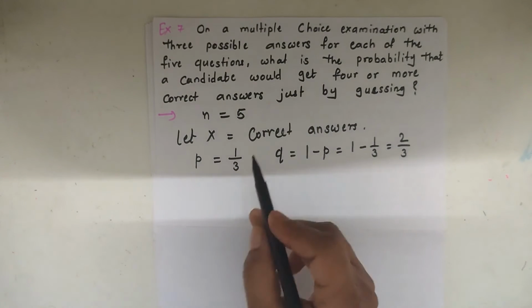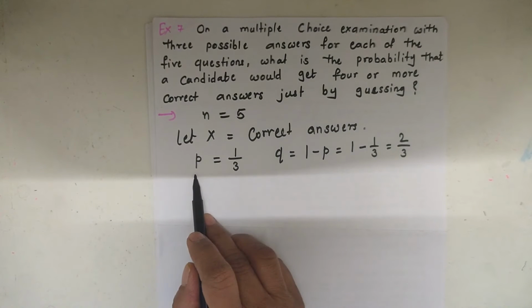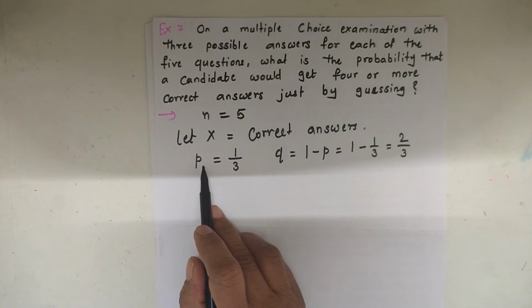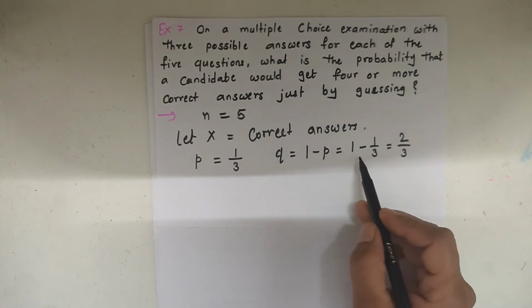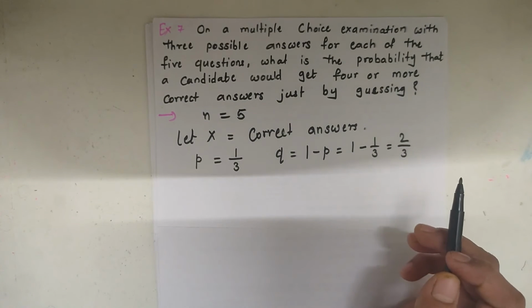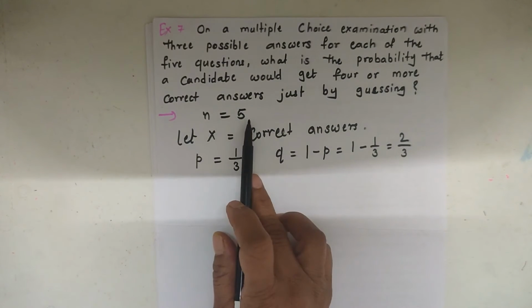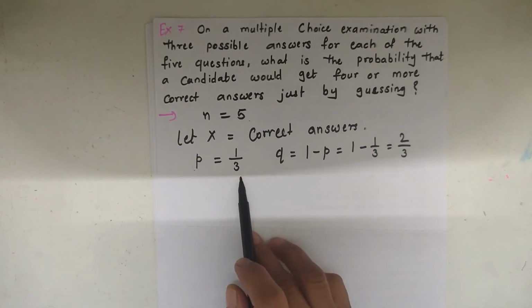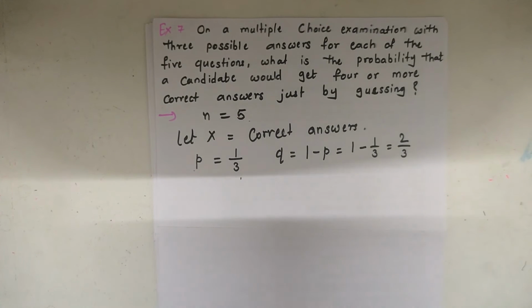Out of 3 answers, we get only one correct answer. So we can write the probability of success or single trial is equal to 1 by 3, and q is equal to 1 minus 1 by 3, that is 2 by 3. Now here we have n is equal to 5, p is equal to 1 by 3 and q is 2 by 3.